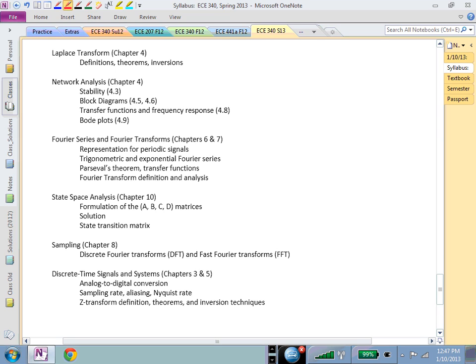That's Chapter 10. And hopefully this now gives you a feel for how we're moving through the book. We'll then move back into Chapter 8, which is how do you sample, and if we have time, we'll get into Chapters 3 and 5, which are really similar topics that we've already covered for the continuous time case.